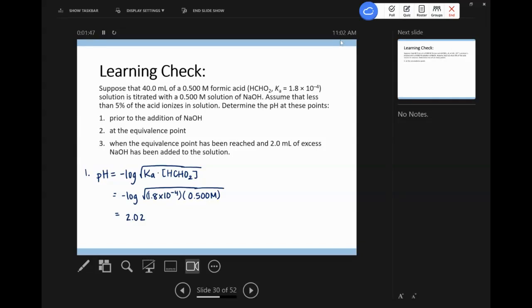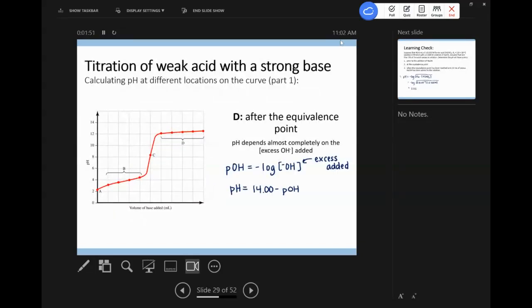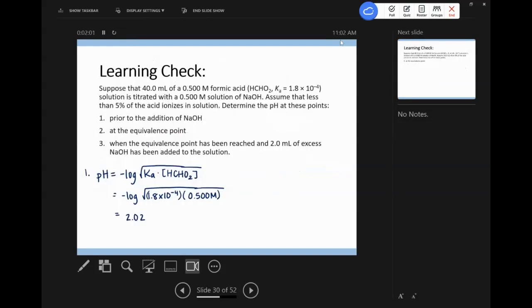All right, end of class Friday. We're talking all about these titration curves with a weak acid titrating with a strong base, and then how to calculate the pH at different positions along the curve. And so we started this practice problem where there are 3 different points that we're calculating the pH for.